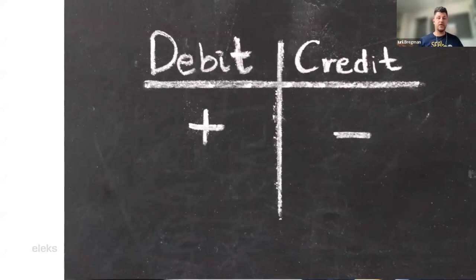The accounts eventually flow into a single document, called the balance sheet, which subtracts the sum of liabilities and equities from the sum of assets. The difference must be zero. If it's not zero, then an error has been made.